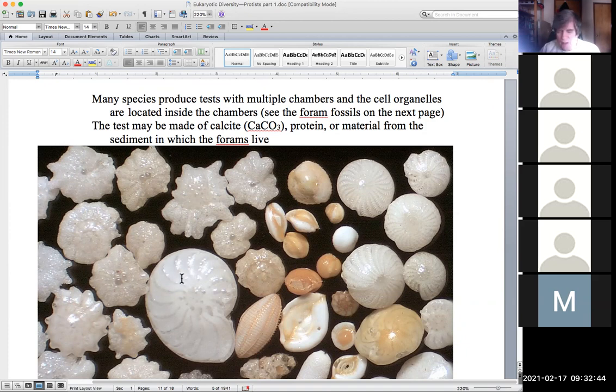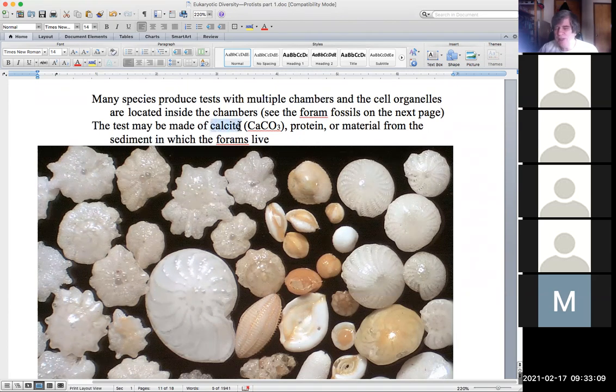If you look at this large one in the center, you may be able to see these little curly grooves in it. Kind of looks like a snail shell, but these are actually different chambers in the test. And since the test is inside the plasma membrane, these chambers divide up the cytoplasm.